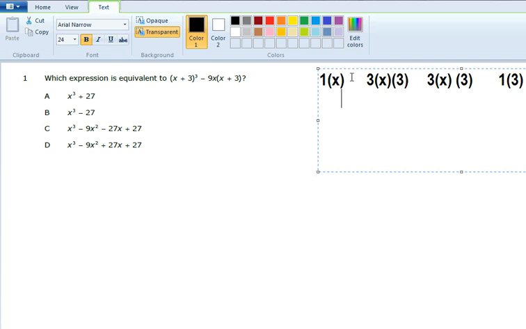And now I'm going to do my powers. So you start with the highest power. Actually, let me go ahead and put in my addition signs here. Okay.